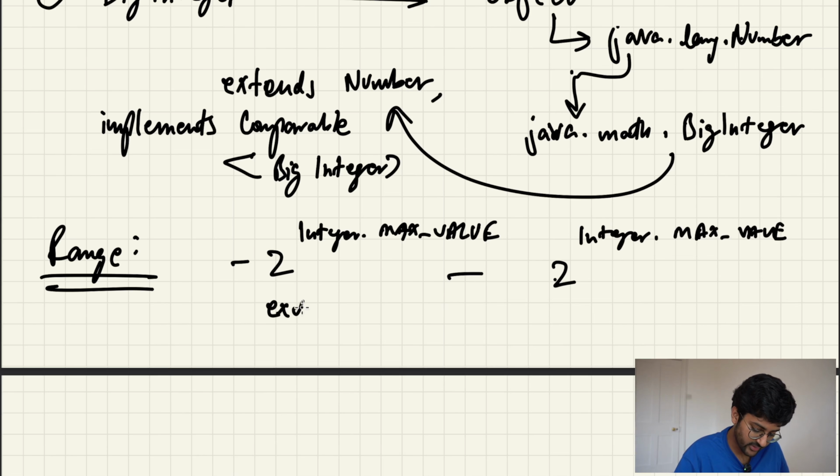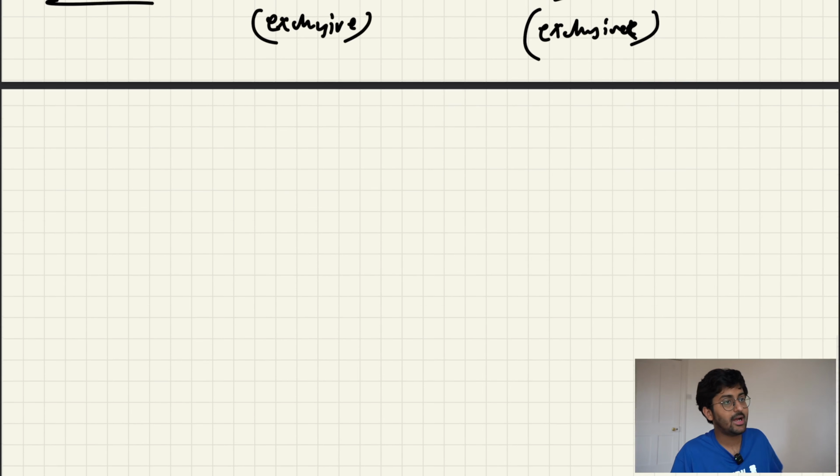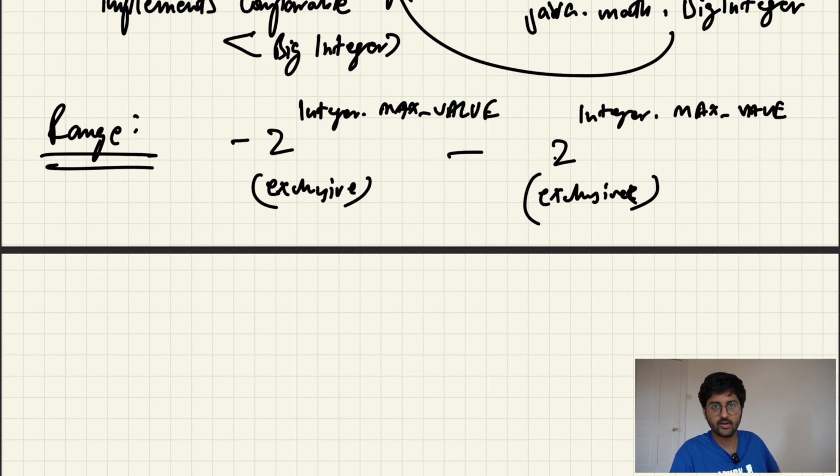These are both exclusive. You know how ranges can be sometimes inclusive and exclusive? These are exclusive. And also, since it's a class, it will throw a null pointer exception. You know, if you try to go outside this range or do any funny things, it's going to do that.